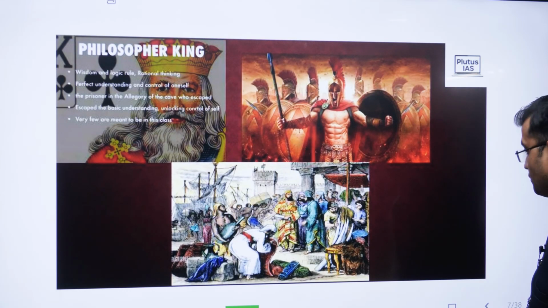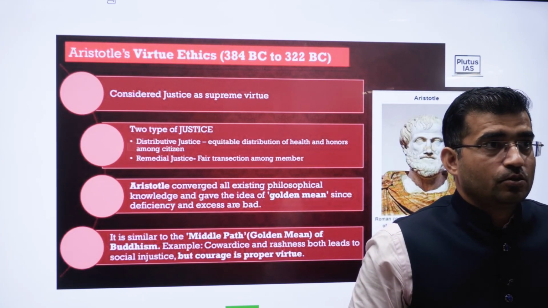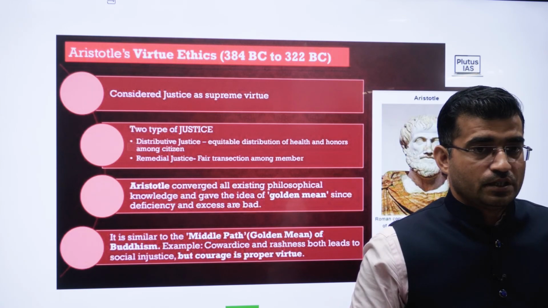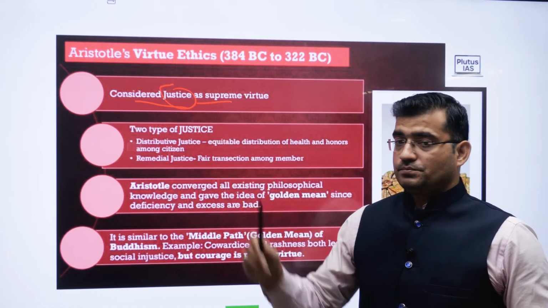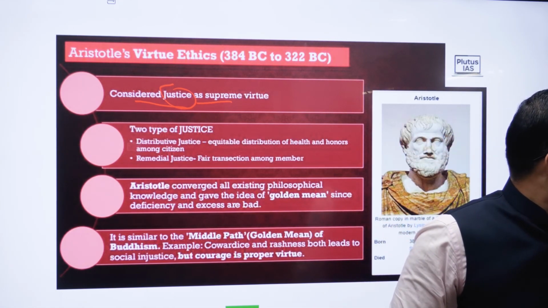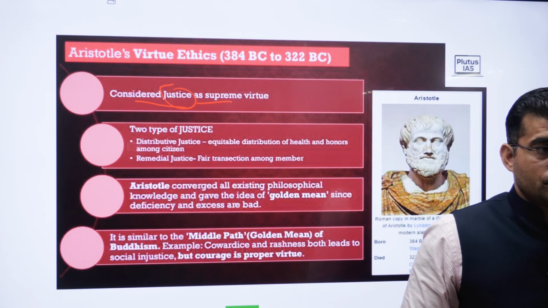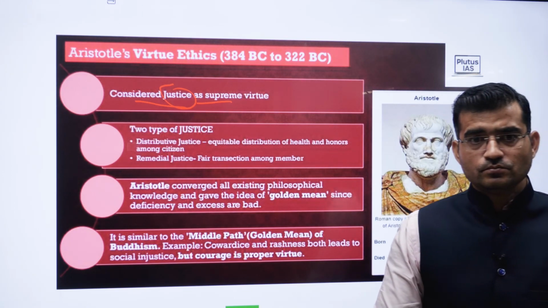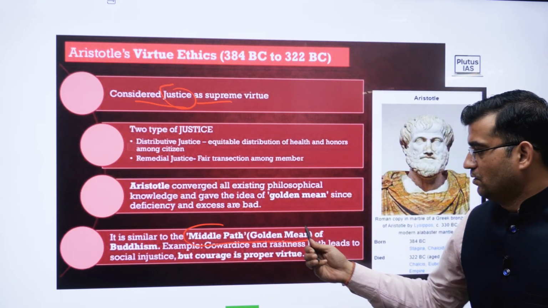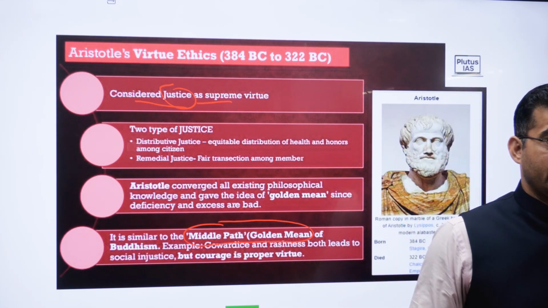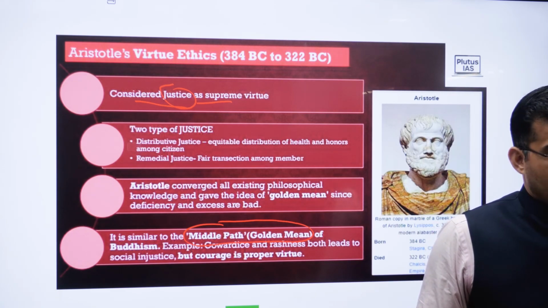Now, next thing, justice. Aristotle considered justice as the paramount or apex or superior virtue, and suggested the middle path, golden mean.